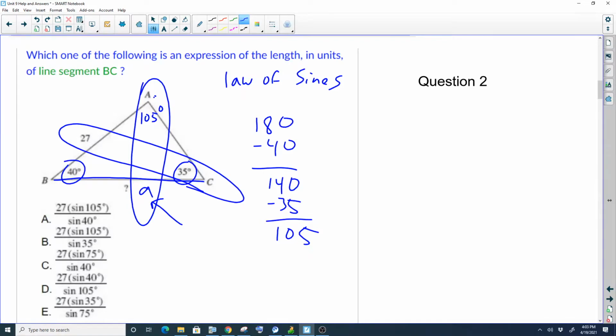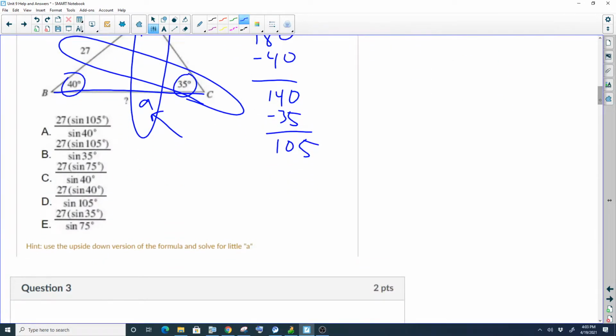So to use the law of sines, in particular finding a side length, we would flip the formula upside down, and you will notice the hint: it uses the upside down version of the formula.